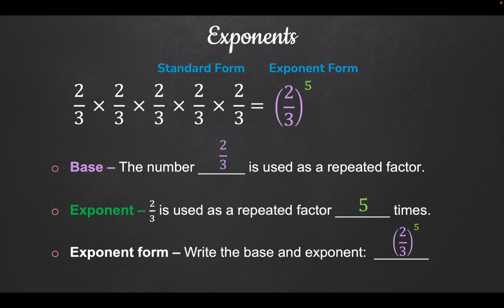If we didn't have that parentheses there, it would appear as if the exponent was only with the numerator, and we want it to apply to the entire fraction, which is why we put the parentheses there. So in order to write that in exponent form, we have to write the base and the exponent together. So here we have 2 over 3 to the power of 5.